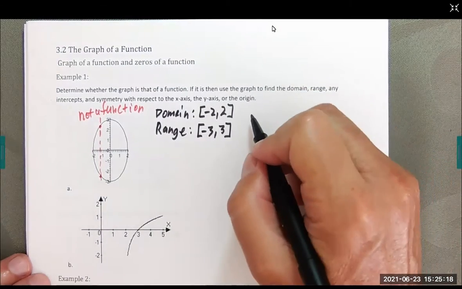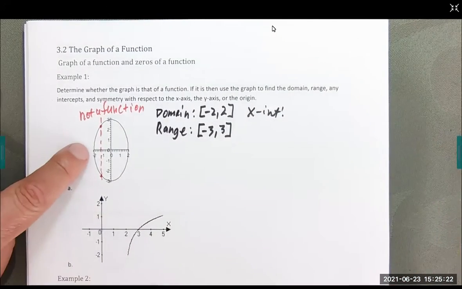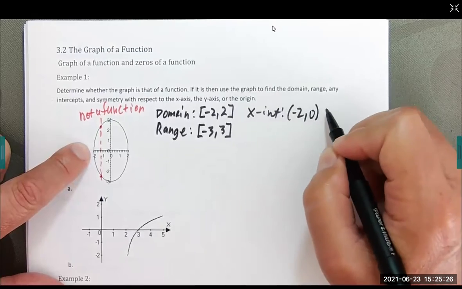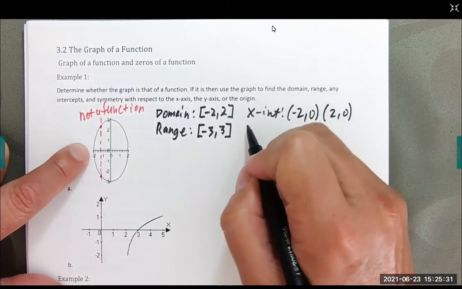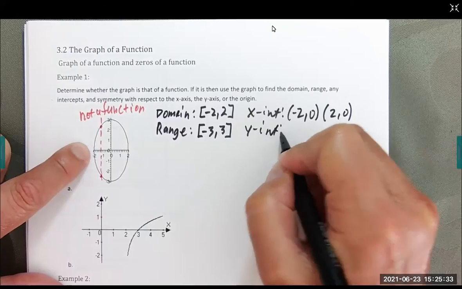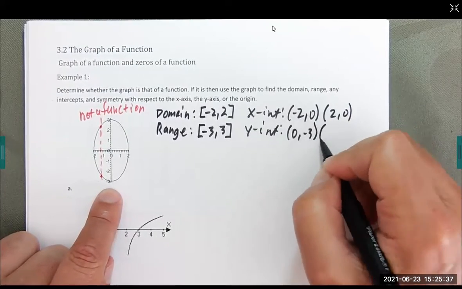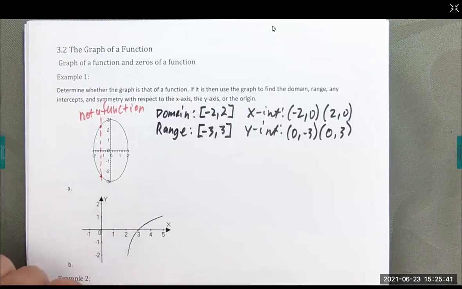Intercepts, so x-intercepts, we can see it crosses at the point -2, 0, and the point 2, 0. Y-intercepts, we're crossing at 0, -3, and 0, 3. And it is symmetric to both the x and y axis.